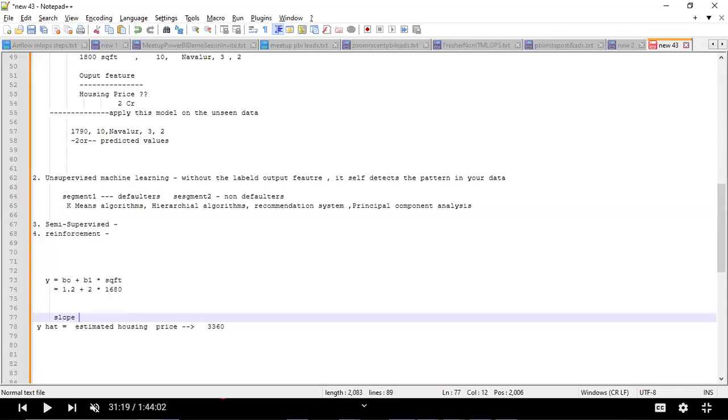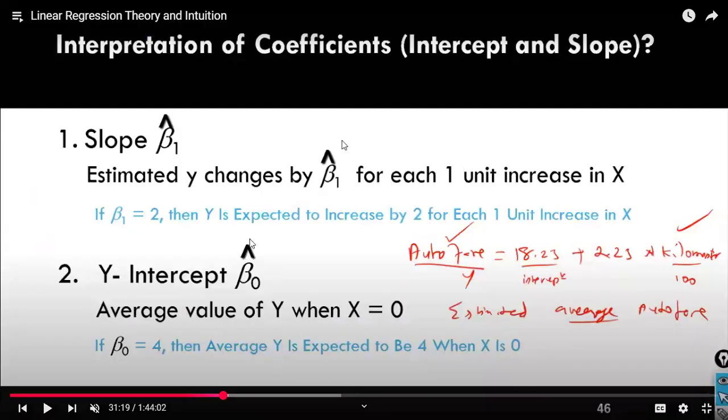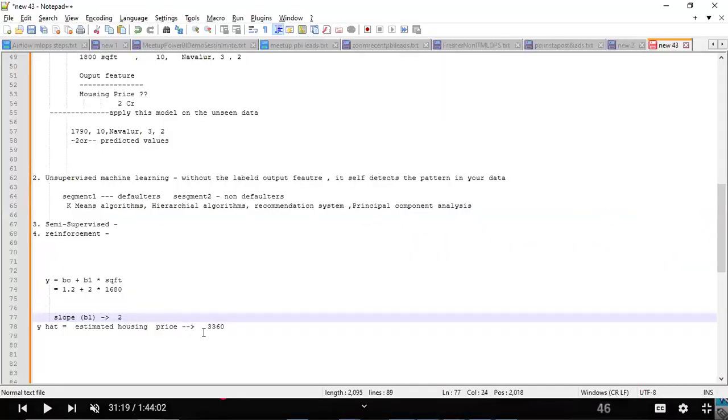I just write it here, B1, so that you should not get confused when you watch the video. Let's assume that you plug in the values in the formula and you get the slope as 2. And how do you interpret this to the management?